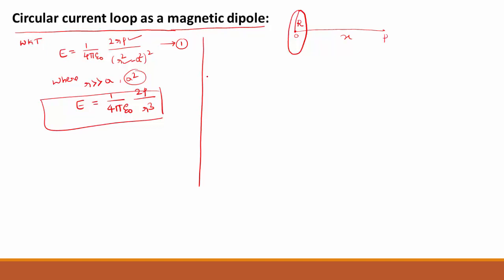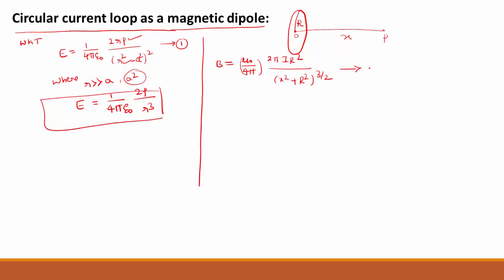For the magnetic field due to this circular loop at a point on the axial line, we already know the formula. Now I am going to write the final equation directly. B is equal to mu naught divided by 4 pi, 2 pi I R square divided by (x square plus R square) whole to the power of 3 by 2.